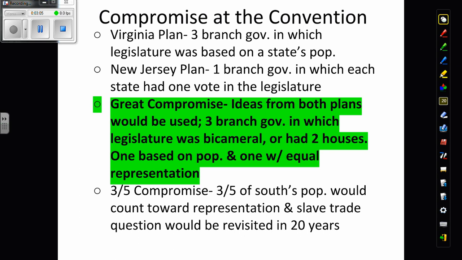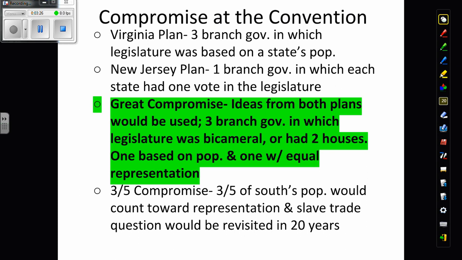So in addition, we also had the Three-Fifths Compromise. So you had some southern states that had very small population, but a very large slave population. And then some of the northern states had zero slave population. So they didn't want to count slaves because they wouldn't be voting.